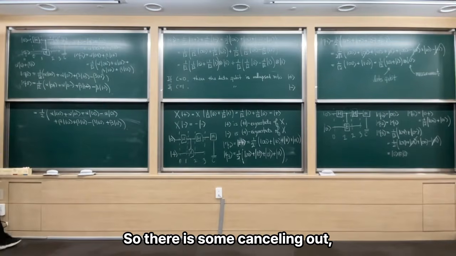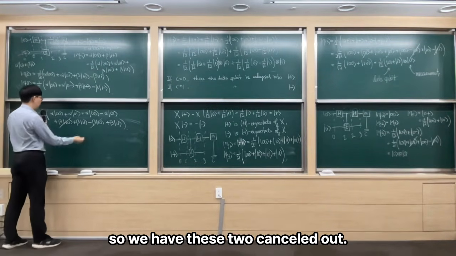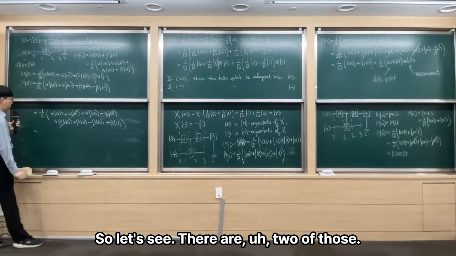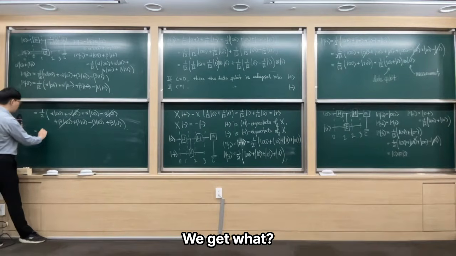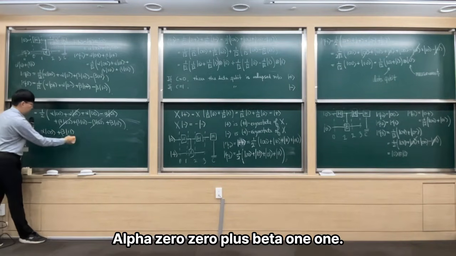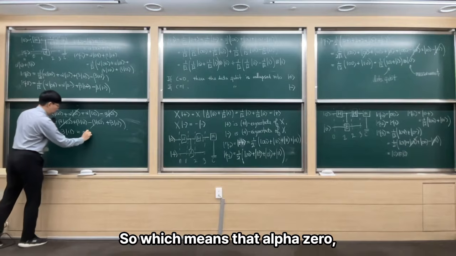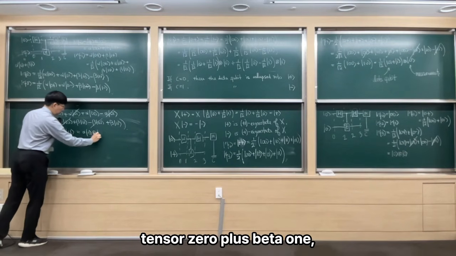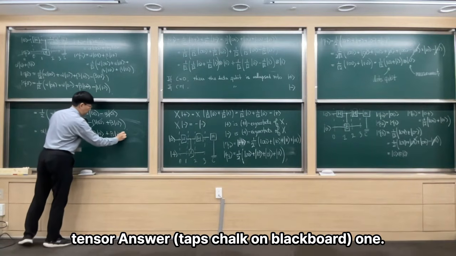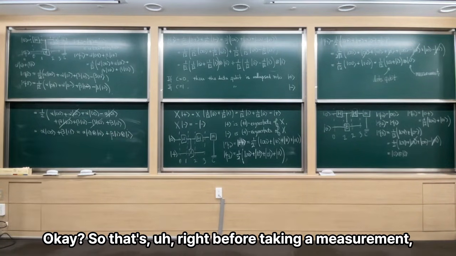Right? So there's some canceling out. These two cancel out and these two cancel out. There are two of those, so we get alpha 0, 0 plus beta 1, 1, which means alpha 0 tensor 0 plus beta 1 tensor 1. Okay, so that's right before taking a measurement.